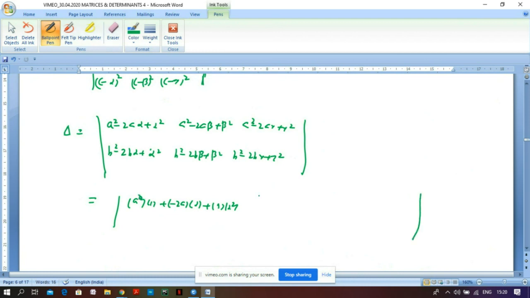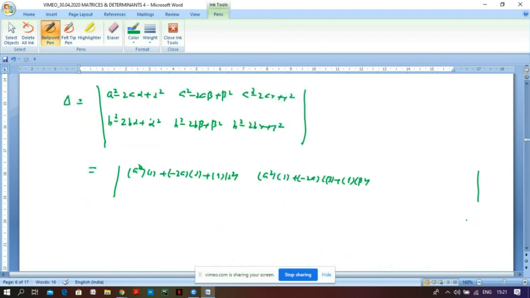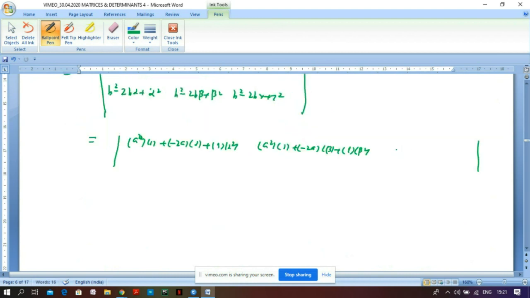Then I write again a square times 1 plus minus 2a times beta plus 1 times beta square, and so on for the last one also. Now I can write here a square times 1 plus minus 2a times gamma and plus 1 times gamma square.